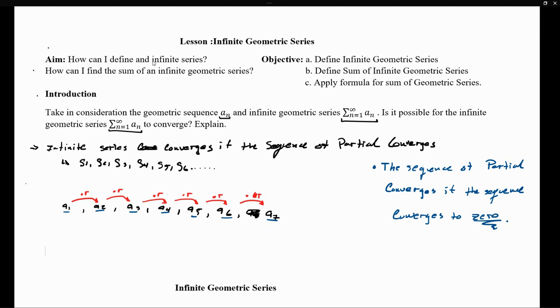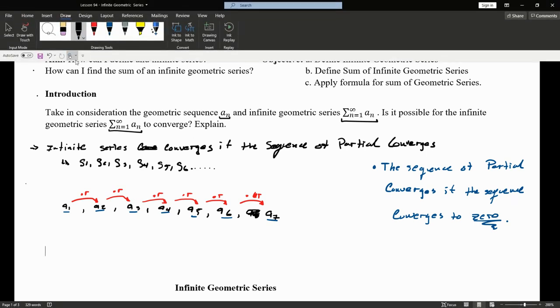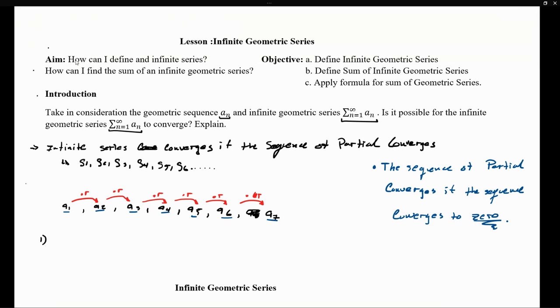So when will our sequence start approaching the value of zero? Well, there can only be two situations. The first situation is if the value of r is less than 1. Therefore, if you keep multiplying by a decimal that is between 0 and 1, the values that you're getting out are going to get so small that they're going to be approaching 0.